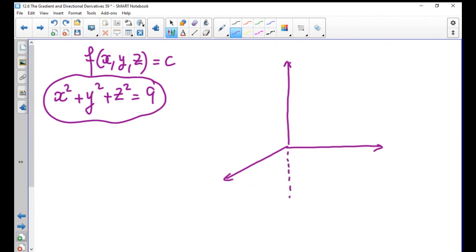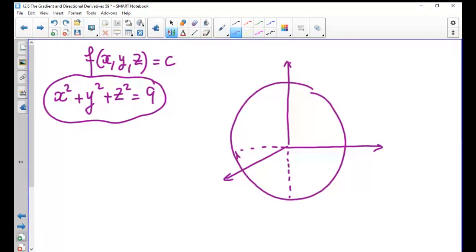What is this surface? If I want to graph it, what is its graph? It's a sphere of radius 3.